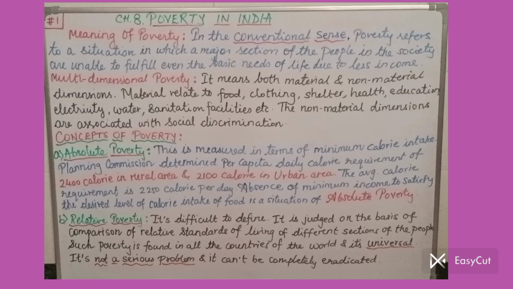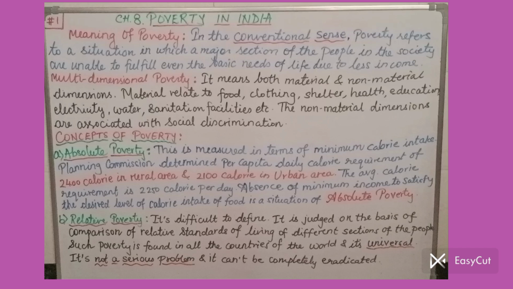For example, suppose one person is earning 5 lakh per month, whereas his friend is earning only 2 lakh per month. Then the friend earning 2 lakh will feel that he is very poor. But let me tell you, in today's date, 2 lakh is also a sufficient income and the person is not actually poor.